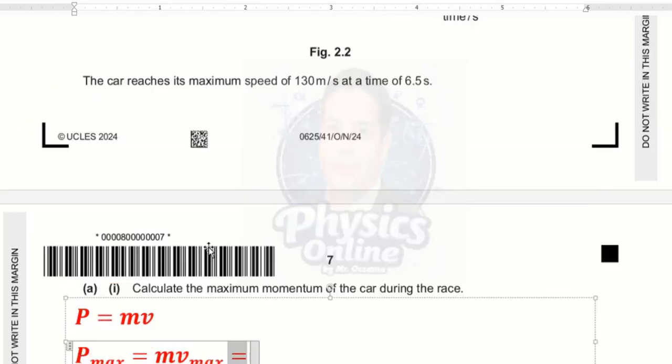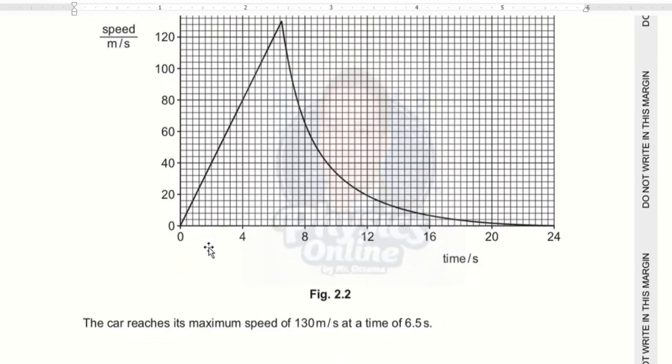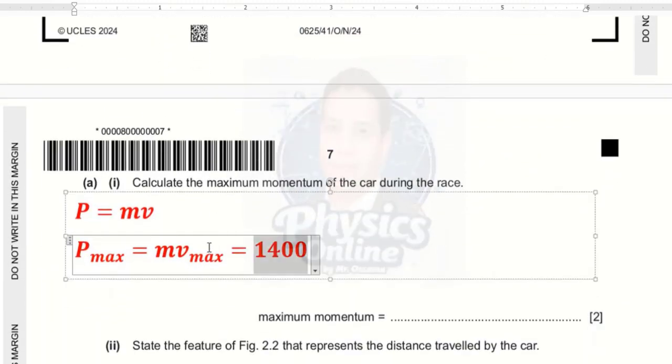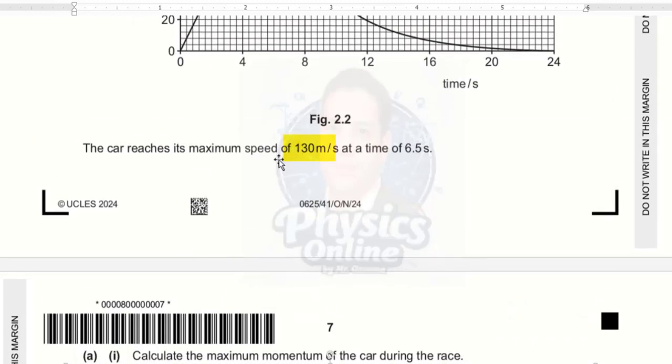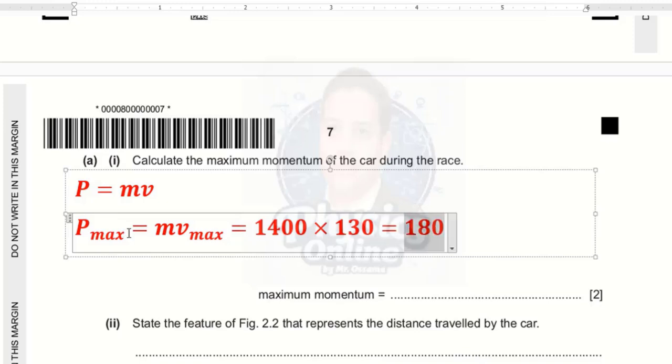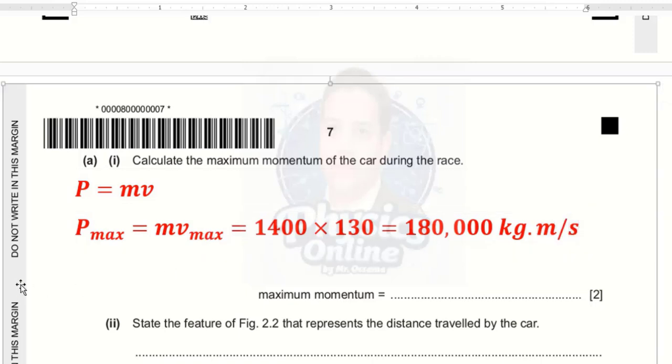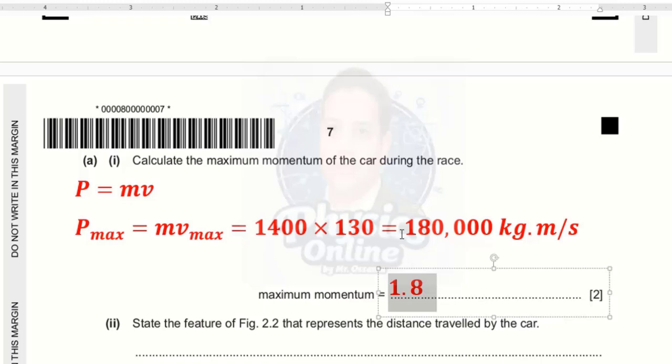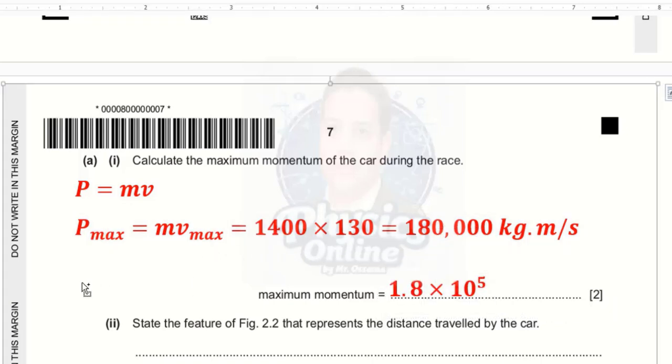Mass of the car is 1,400 and the maximum speed, as we have here, 130 equals 180,000, and the unit is the unit of mass and speed, so kilogram meter per second. So final answer is 1.8 times 10 power 5 kilogram meter per second.